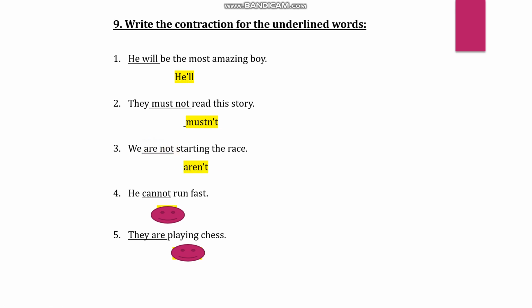We will cross the O, but this time, if you remember what I said before, the N in can says, I don't like another N, I'd like to be alone. So, when we have can and not together, we cross the N and O. Add an apostrophe to be can't.